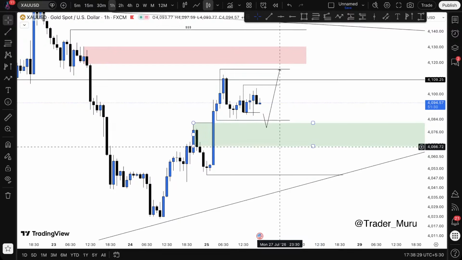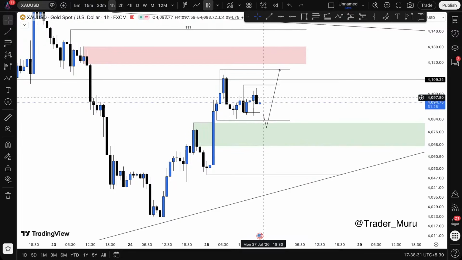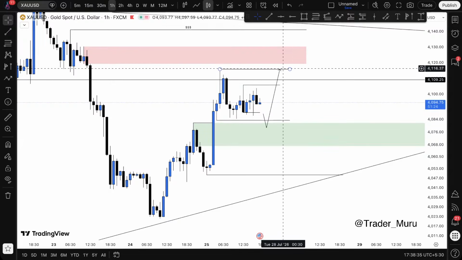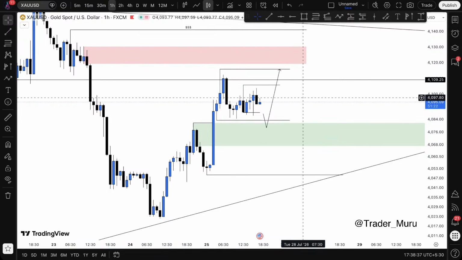So wait for this area. We will be looking for buy after confirmation of sweep and reclaim, and our target will be 4120.